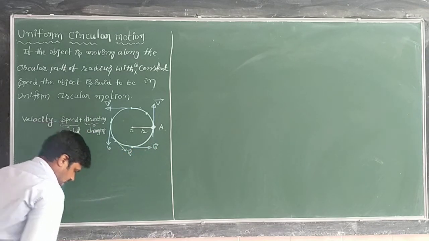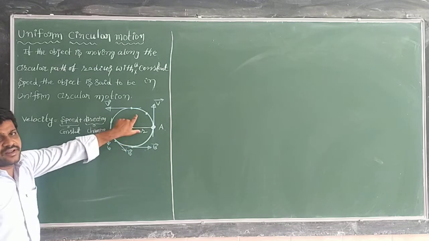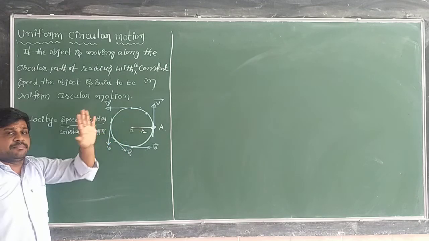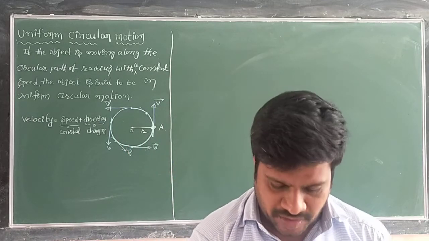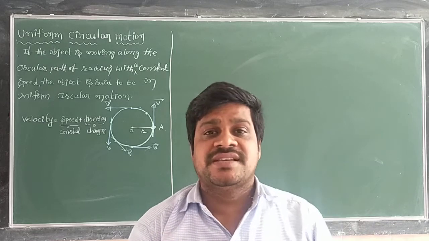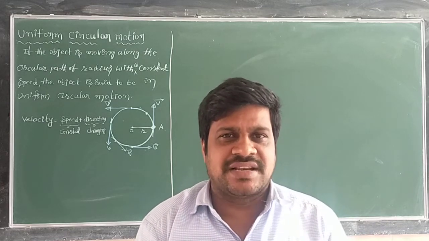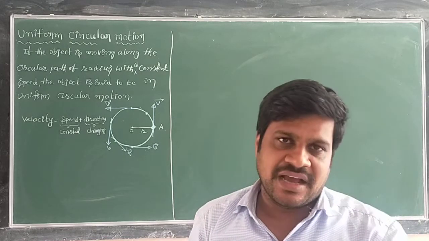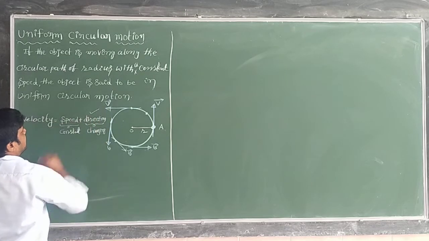Throughout the motion of the object, the speed is constant, but the direction is not constant. The direction is changing continuously, so the velocity also changes.